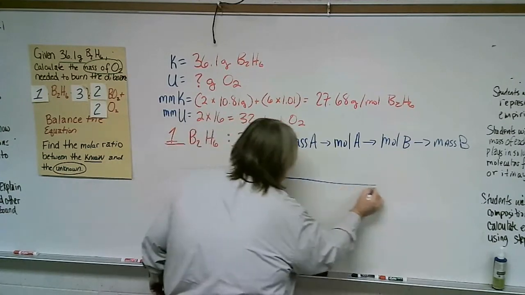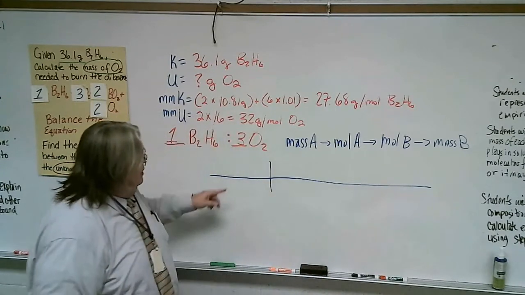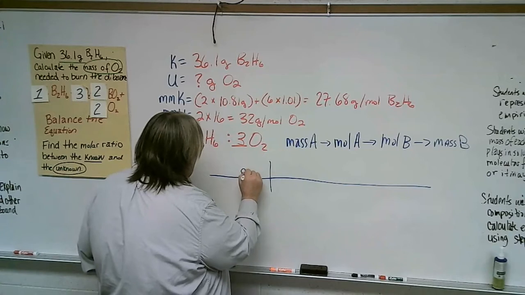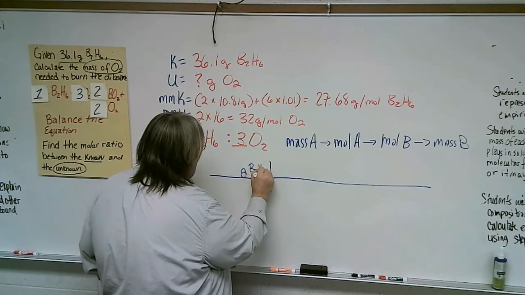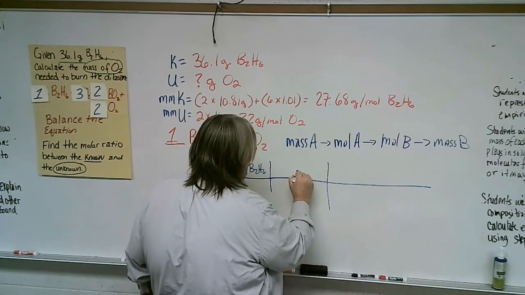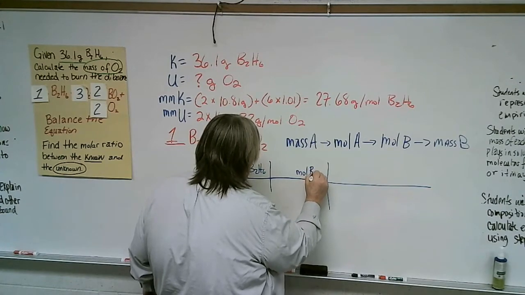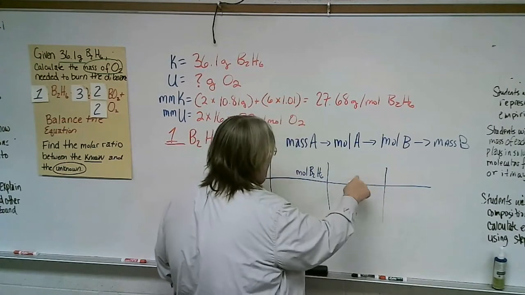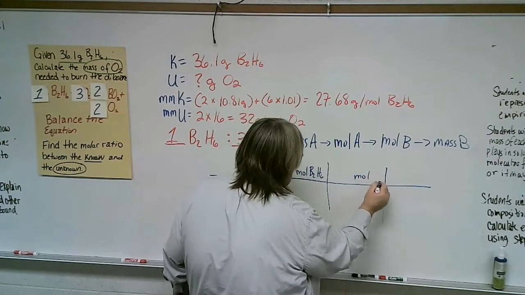So we need to make 4 brackets. This is going to be the grams of our given. This is going to be the moles of our given. This one is going to be the moles of our unknown.